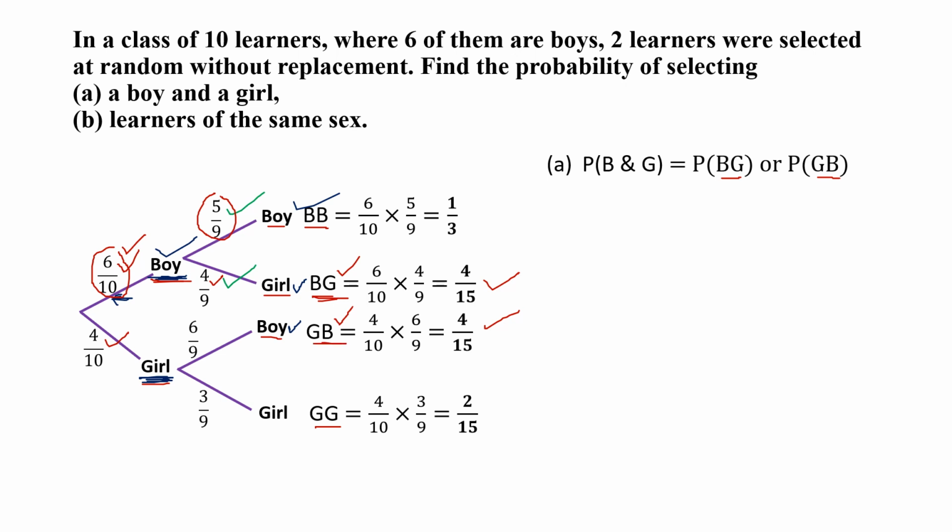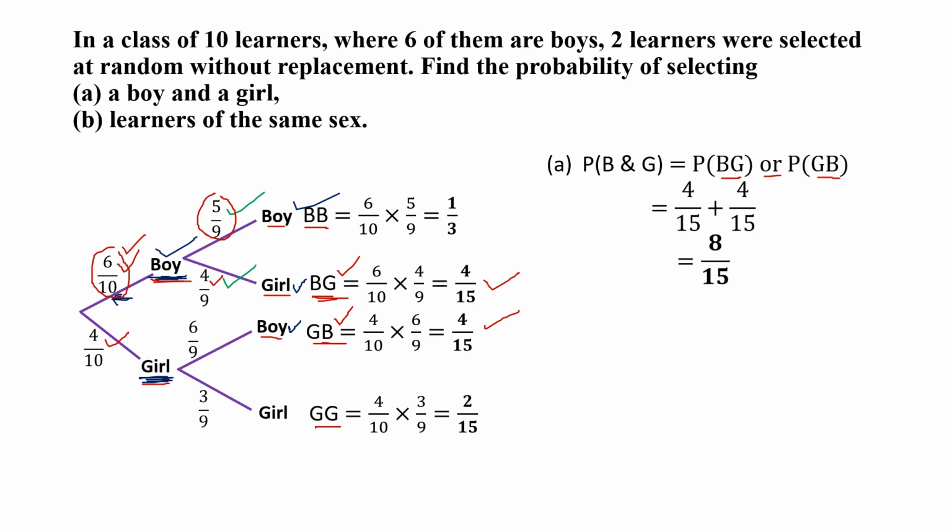So we are going to add these two, because in probability, if we use the term or, we add the probabilities, then this is our answer, 4/15 plus 4/15, and this reduces to 8/15, right? Done with part A.